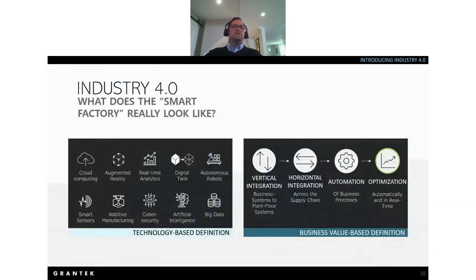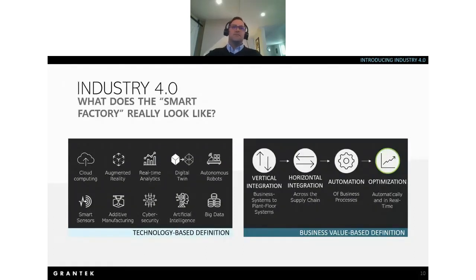The next thing I wanted to explore is how Industry 4.0 gets defined. When you research Industry 4.0, there's basically two ways it's described. The first is a technology-based definition. I'll start with this one, even though it's not really my favorite. The technology-based definition of Industry 4.0 usually looks like a list of random futuristic technologies, things like digital twin, autonomous robots, artificial intelligence, augmented reality.